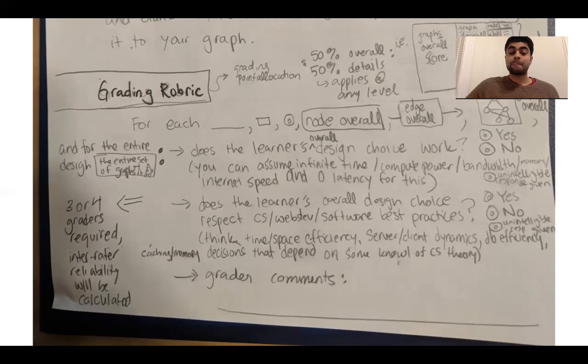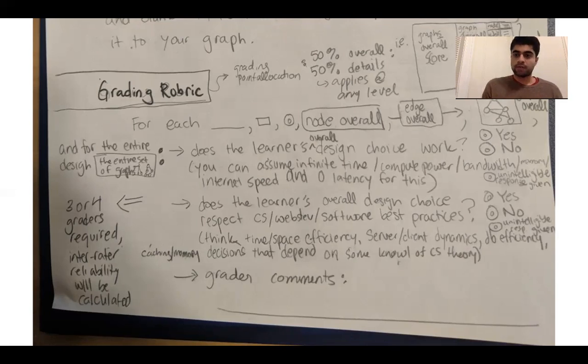And so when you look at the trees, then individual nodes would get an overall score, and that would account for 50% of whatever that node accounted for in terms of the grade, and 50% would be grades specific to the details of that node.